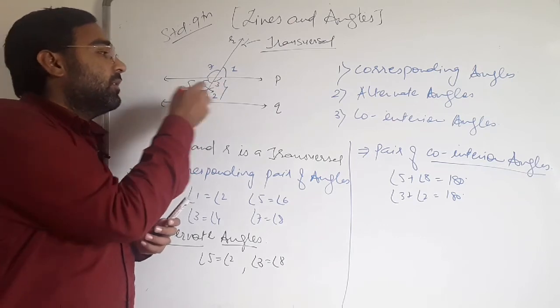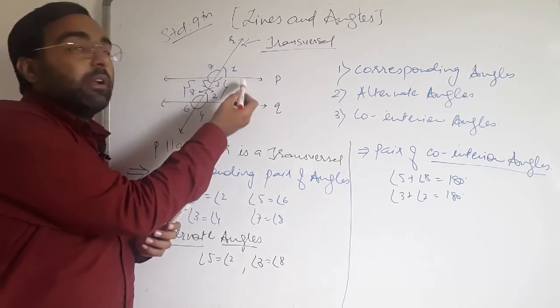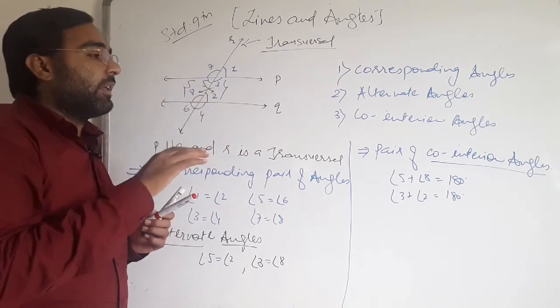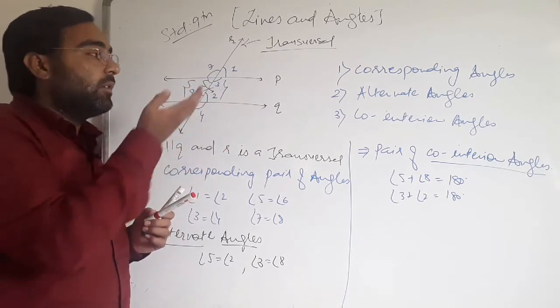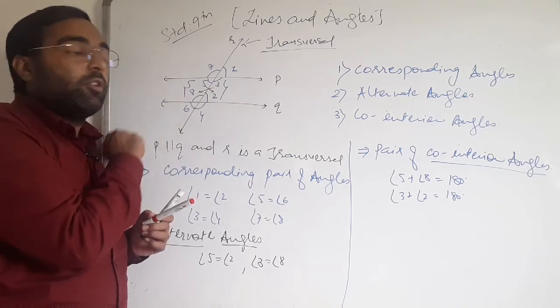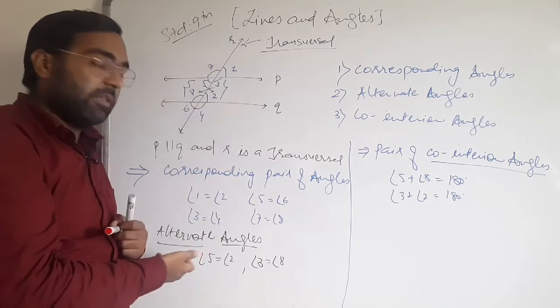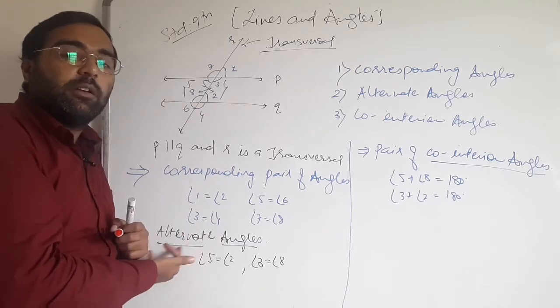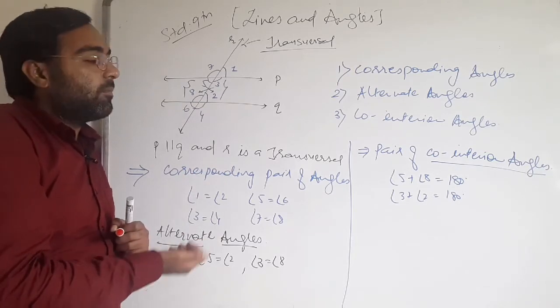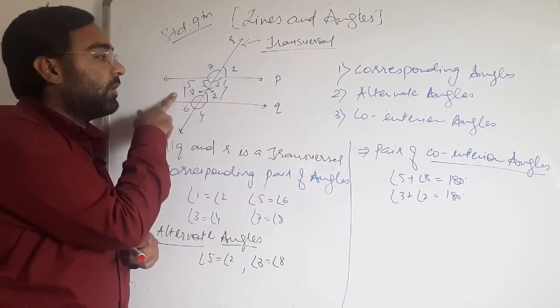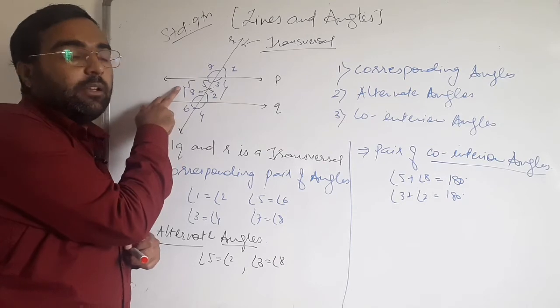Co-interior angles mean the interior part of the two parallel lines. In the interior part of the two parallel lines we can go for the same side of the angles, not the cross section. When we go across, those are alternate angles, and alternate angles are equal. But now we go for the same side of the line.